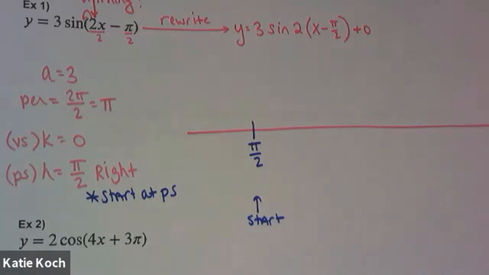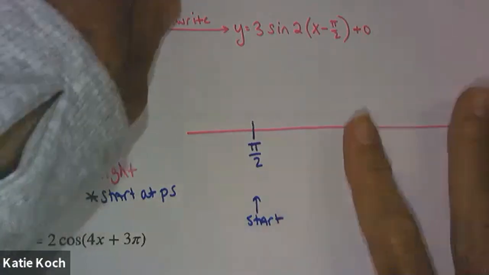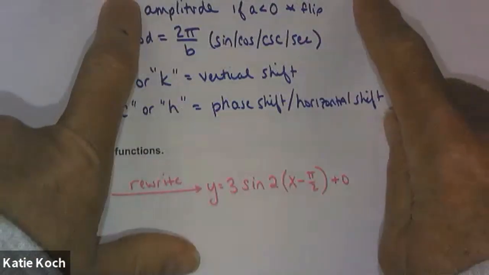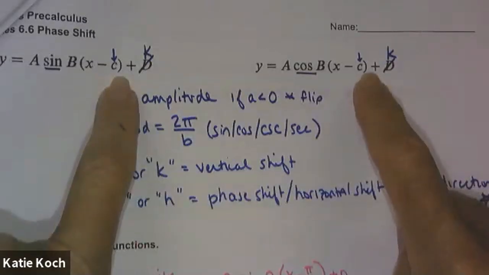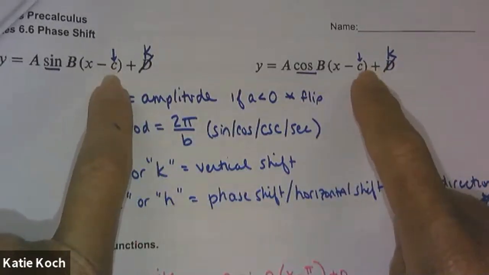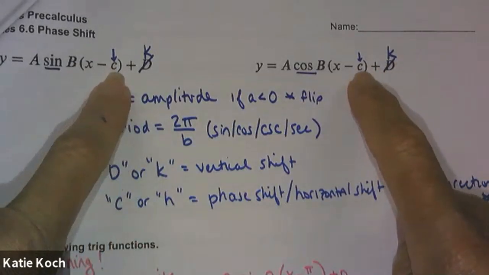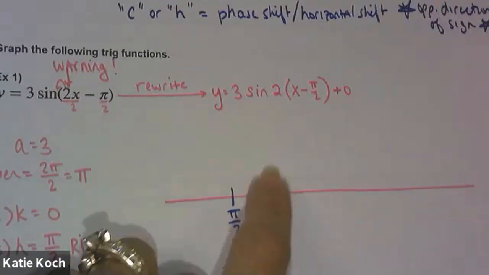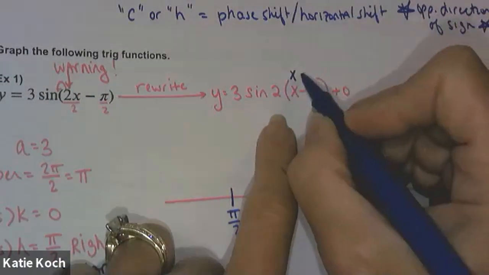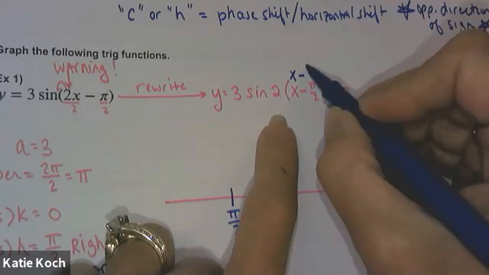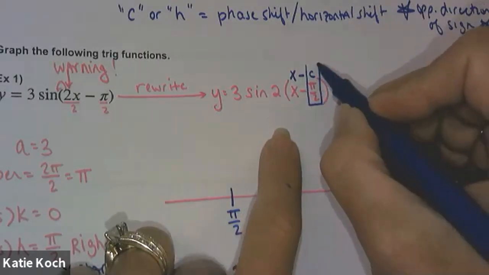Okay, so somebody just asked, wouldn't it be pi halves left? So I want to talk about that. Let's make that very clear. So in this form, it's x minus the number c, and the number c is the phase shift. So if I look at what's happening here, it's x minus the number c. This number is c.